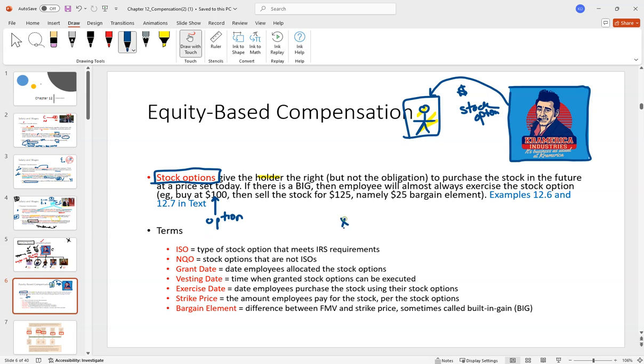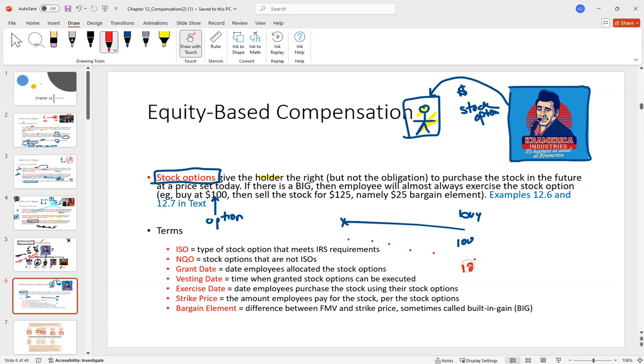So here we are today, right? In 1 year from now, you can buy it at $100. Well, if it's 1 year later, and assuming you still are working for the corporation, one of the reasons they have these stock options is so you don't leave. There are vesting periods and things like that.